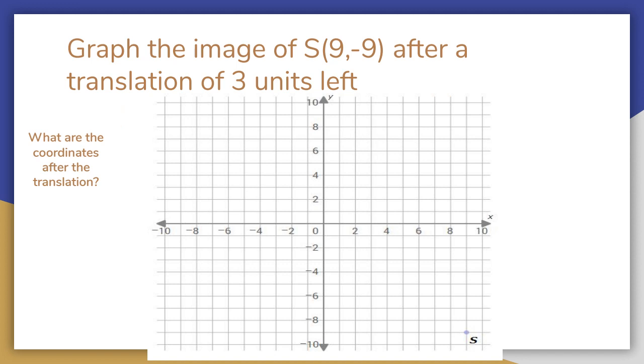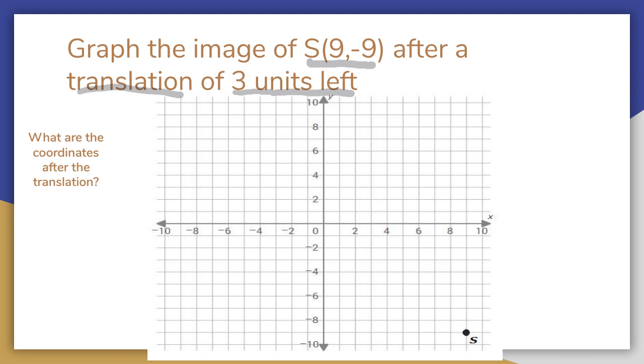So on this one, it says to graph the image of S, which is at (9, -9), after a translation of 3 units left. So it already has S graphed for us. So S is right here at (9, -9). And it tells us that a translation, and what's a translation?